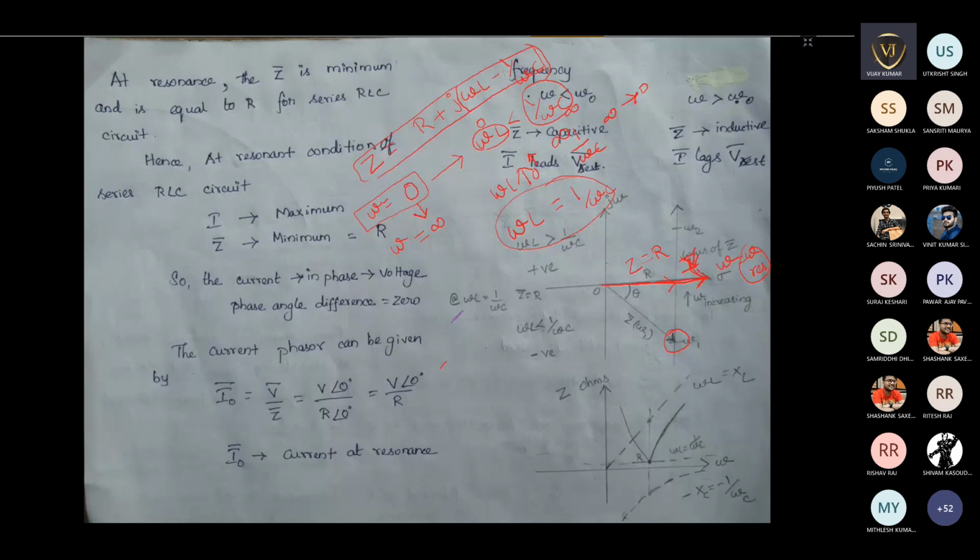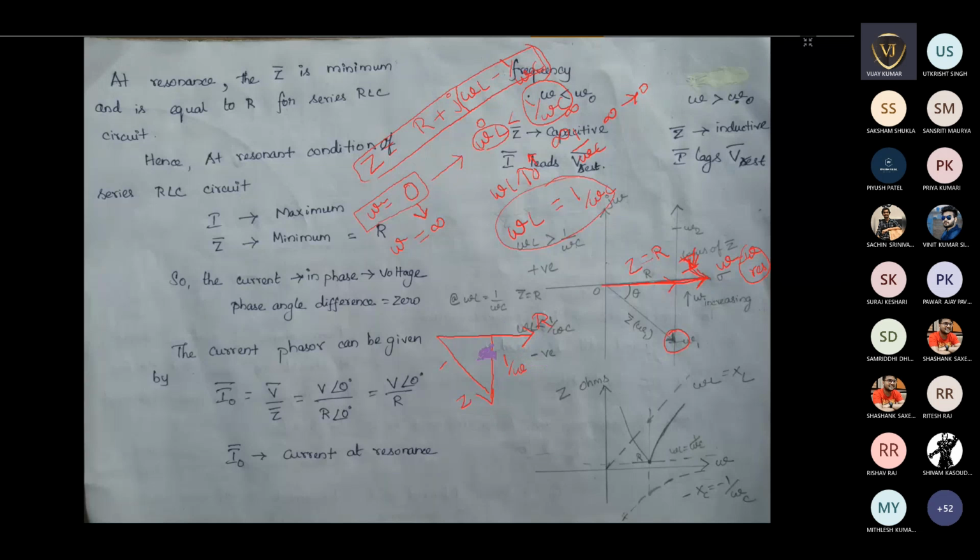Okay, if you are having a capacitive circuit, this is your R term. If you are plotting Z, this is your Z, and your 1 by j omega C will be coming here. So this is having some angle.